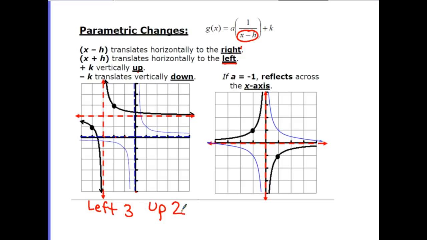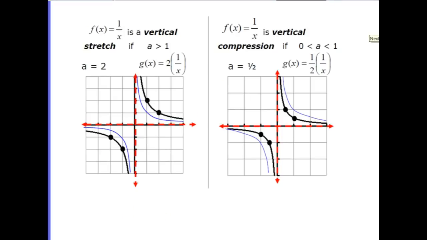This graph right here, the one in blue, is the parent graph, and so you can see that this has been flipped across the x-axis and it's flipped upside down. Okay, now I have drawn in for you in this light blue, that's the parent graph. So what's happened between this parent graph and that graph right there?